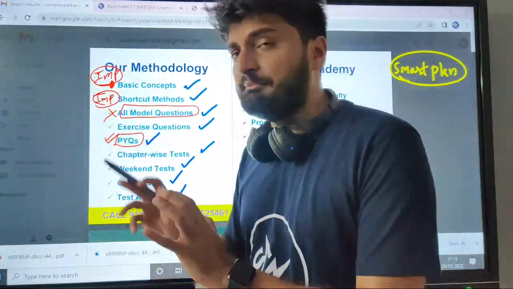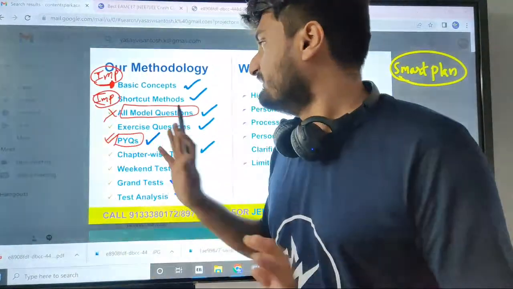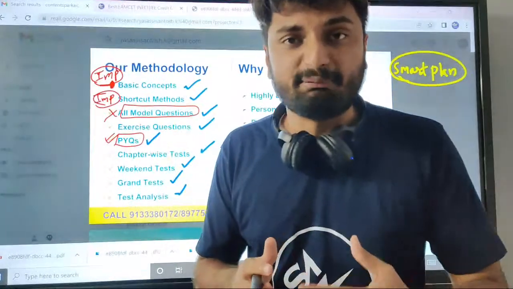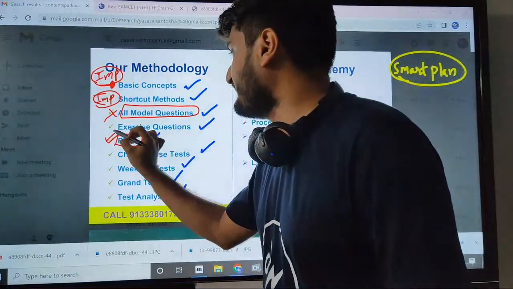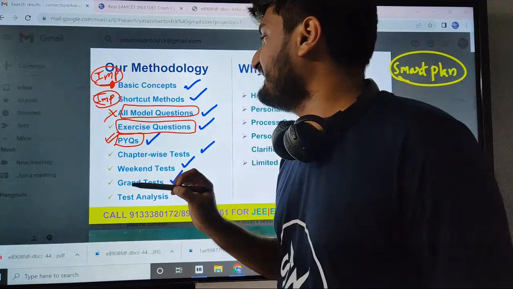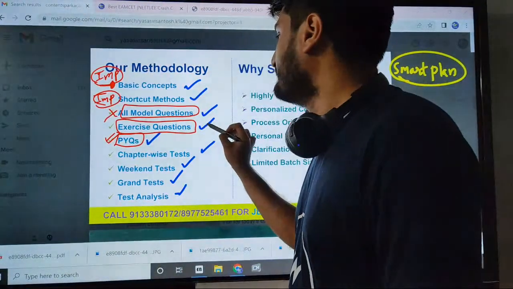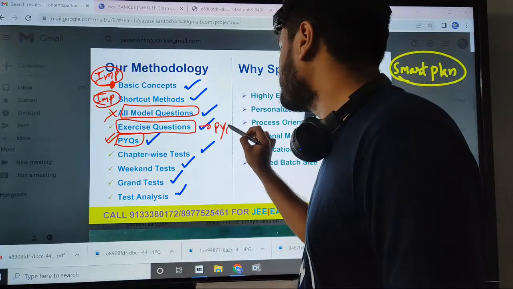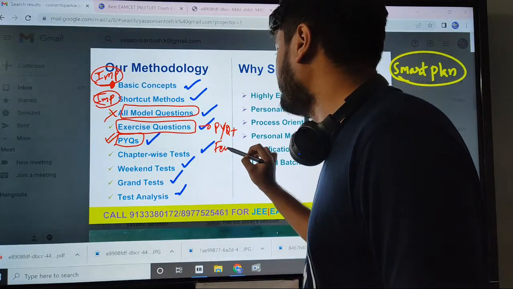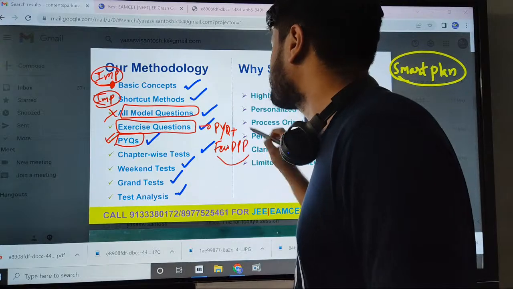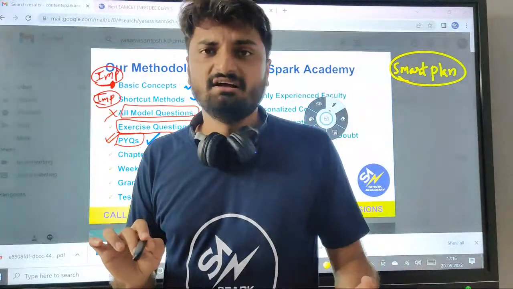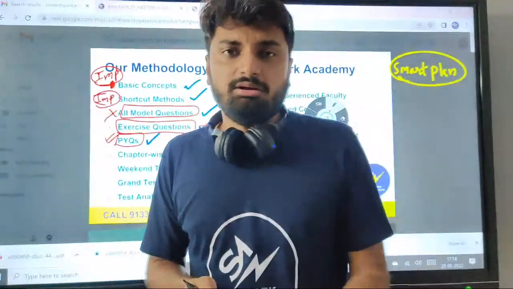Now we don't have time to do all the model types of questions. So you need to discuss the previous year questions, and once you do that, you can then see a few exercise questions. So this should again be previous year questions and a few important DPP questions in your exercises, whatever book you are following.